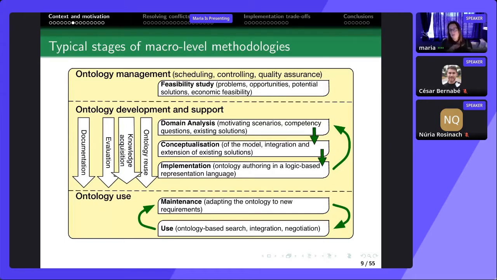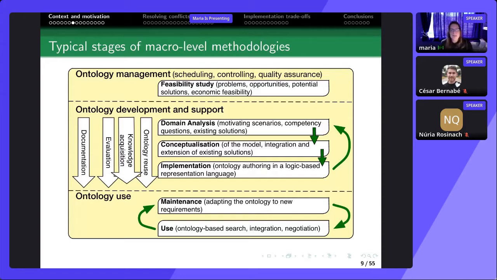And then what is called the implementation is basically you're going to formalize it in a specific ontology language for that. In those activities, there are a whole bunch of sub-activities such as ontology reuse, knowledge acquisition, to be able to actually get your ontology developed. And afterwards, you use it with maintenance, extending, for instance, the ontology with the topics that you couldn't cover for your prior versions.